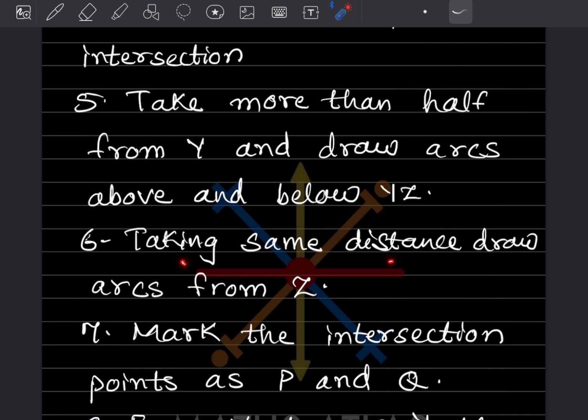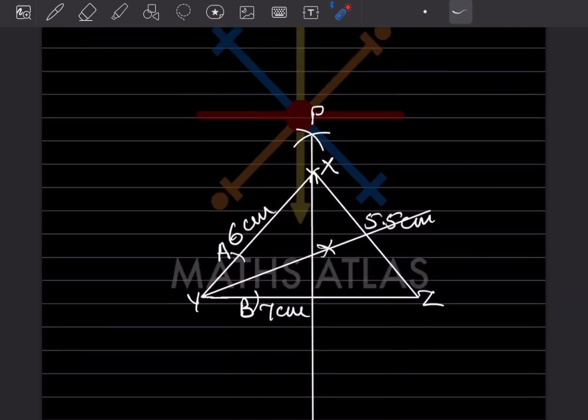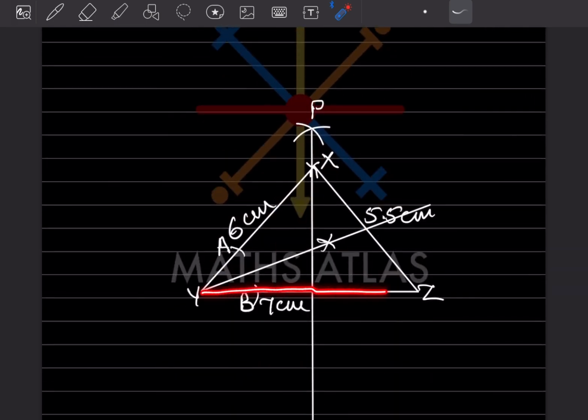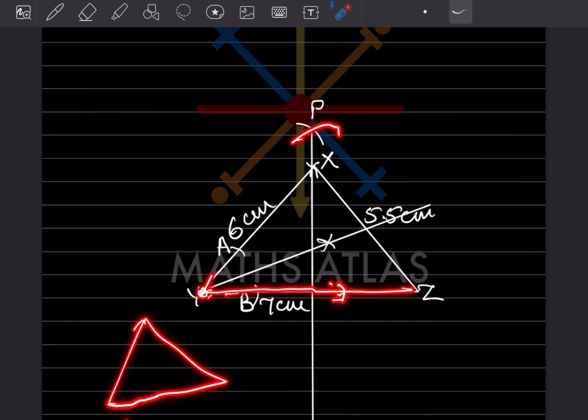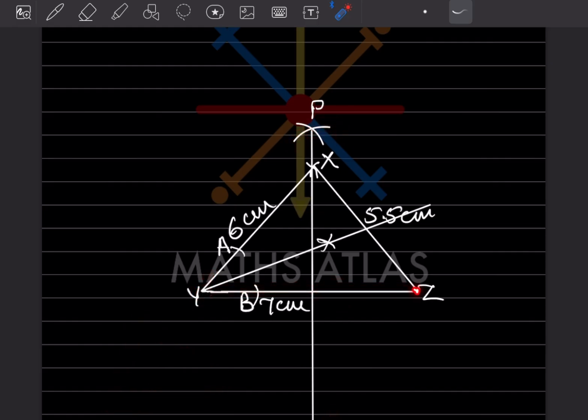And then taking the same distance, draw arcs from Z. So from this YZ, you will take more than half the distance on the compass, and you will draw one arc above and one below. Then again the same distance, whatever you have taken, more than half, you will place your compass over here, and draw the arcs here and here.